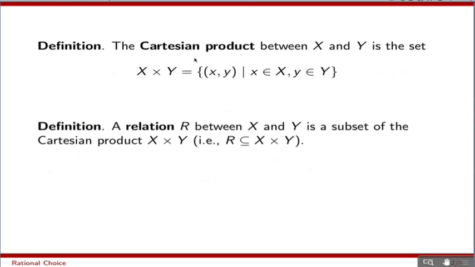Now, a relation is simply a subset of the Cartesian product. So you look at the Cartesian product and you identify some pairs that are in the relation and other pairs that are not actually in the relation.